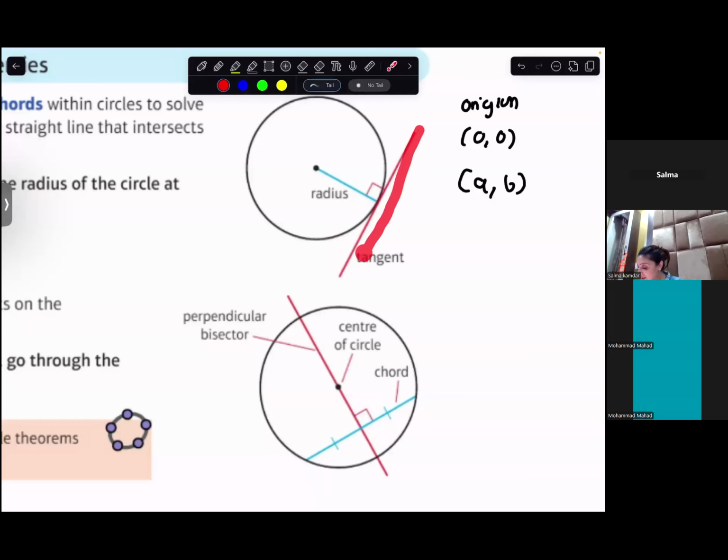I have a tangent, and you see that the radius is meeting the tangent at a point of contact.